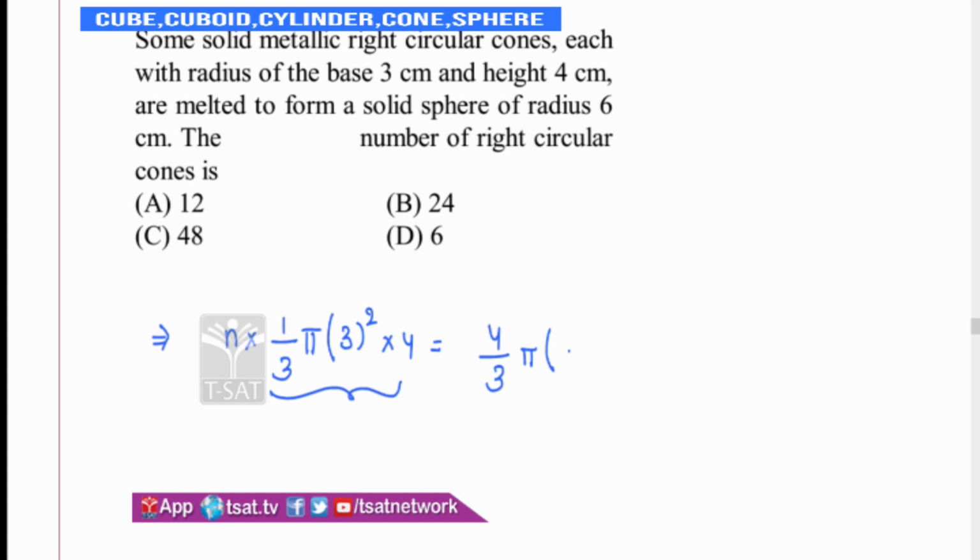Here radius is 6, therefore 6 cube is 216, or else take it as 6 into 6 into 6. Pi by 3 cancel. 9, 3 2s. 4 cancel. Now n is equal to 4 into 6, 24. Therefore 24 such cones are needed.